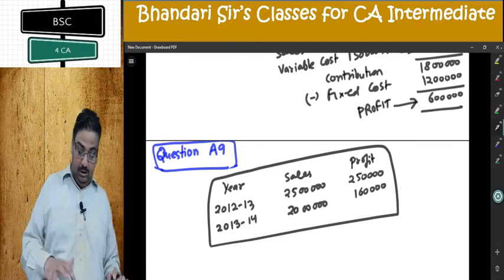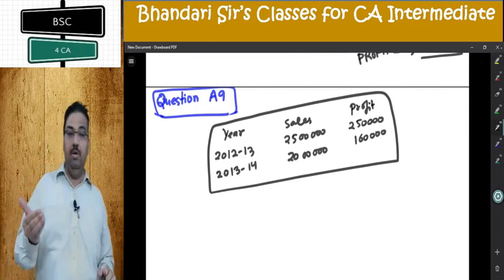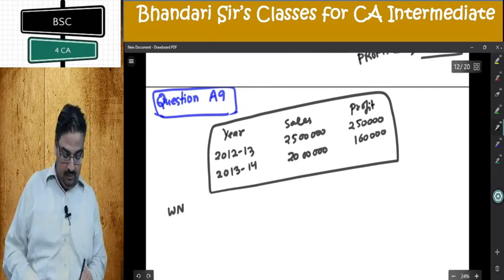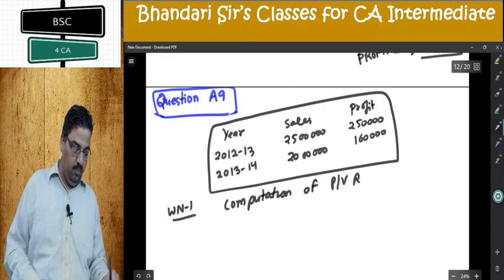Now, first part he wants fixed cost. But before that, I'll need to get the PV ratio. So, working note 1, computation of profit volume ratio, PV ratio.